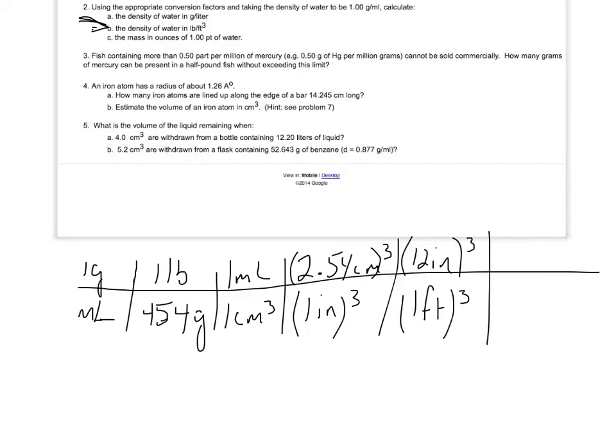And if we've done this correctly, we just double check. Grams cancel grams. Pounds, or excuse me, no, pounds don't cancel. That's actually not something we want to cancel. So ignore the fact that I canceled pounds. That's going to stay there. But grams cancel grams. Milliliters cancel milliliters. Centimeters cubed cancel centimeters cubed. Inches cubed cancels inches cubed. And then our answer is going to be in pounds per cubic foot.